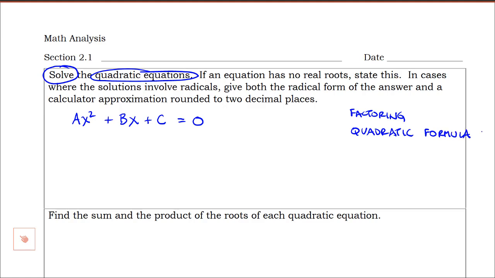The tool that we use to solve it is the quadratic formula. There's a difference, okay? People call the quadratic formula the quadratic equation. It's not quite true, alrighty? There's another method. What is it? Completing the square. Completing the square.